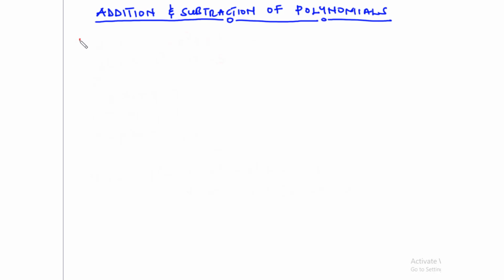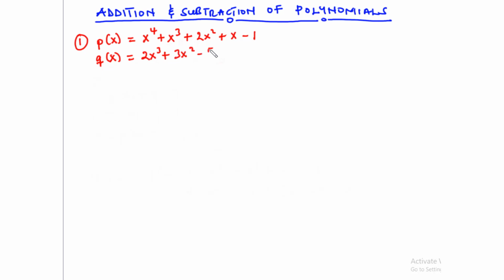Given that we have two polynomials, p of x equals x exponent 4 plus x cubed plus 2x squared plus x minus 1, and then q of x equals 2x cubed plus 3x squared minus 5.